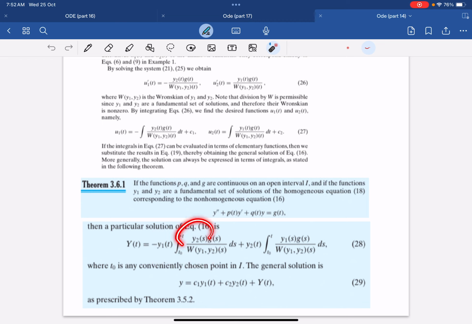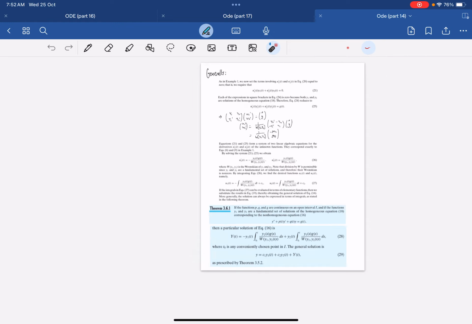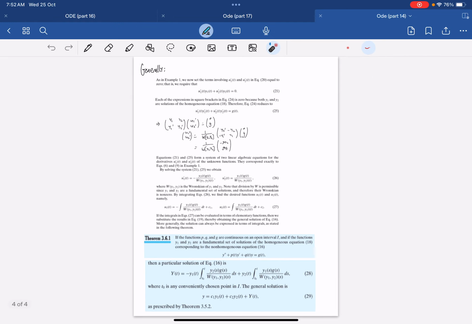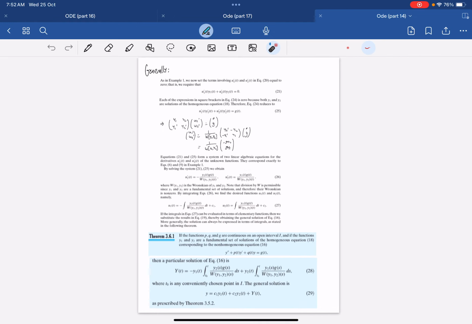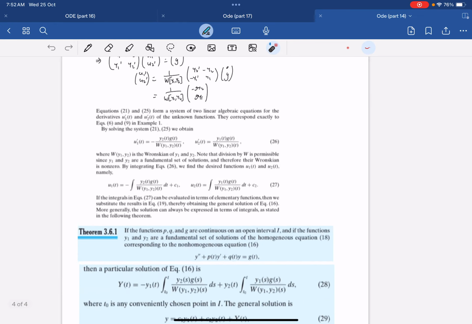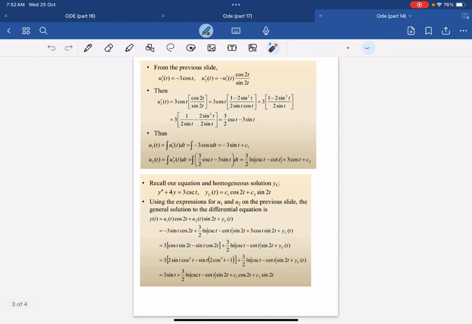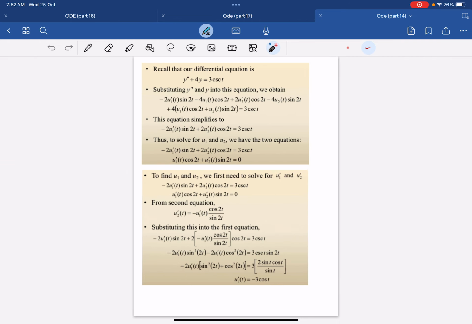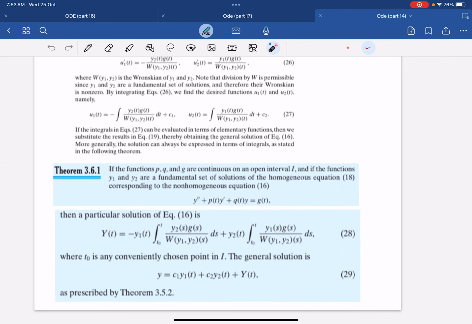This is the u1 and this is the u2. And then the general solution will be the following, as indicated earlier. So really there's nothing much to it, and we already see how we get it generally. You can take a look at this example to better understand how to solve for it.